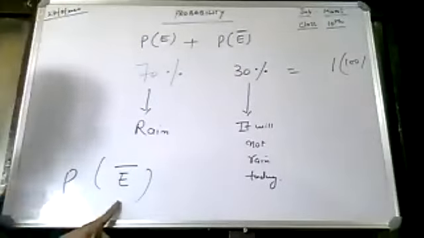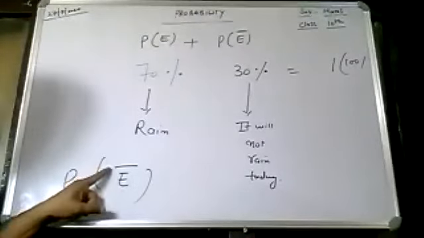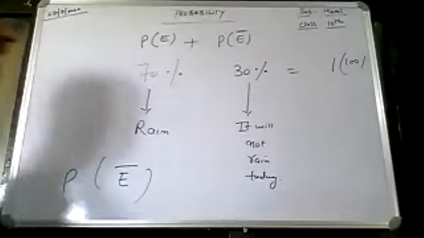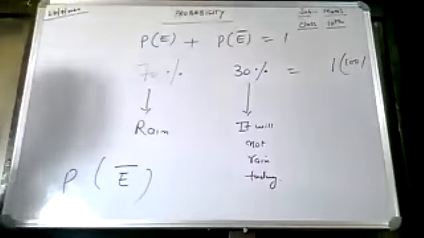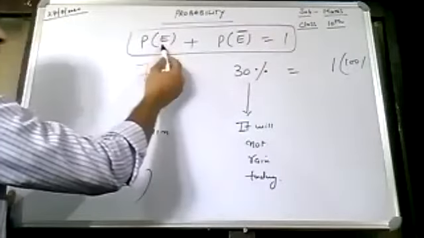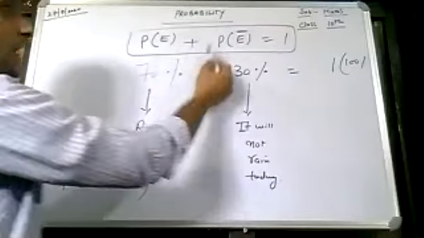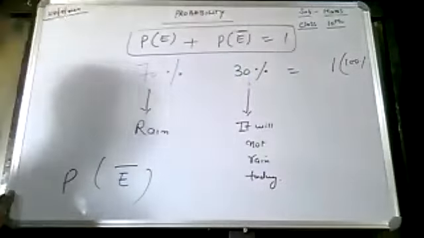P of E bar means probability of not happening the event. Bar stands for not. Is equal to kitna aayega? 1. 1 means 100%. Clear? So this is the formula: probability that event E will happen plus probability that event E will not happen is equal to kitna aayega? 1. Clear?